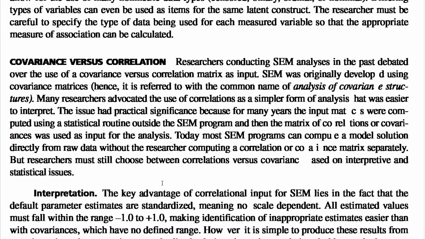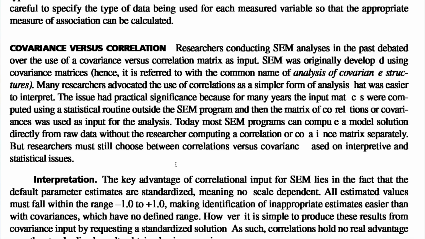Covariance versus correlation. Researchers conducting structural equation modeling analysis in the past debated over the use of covariance versus correlation matrix as input. Structural equation modeling was originally developed using covariance matrices, hence it is referred to with the common name of analysis of covariance structures. Many researchers advocated the use of correlation, as this simpler form of the analysis was easier to interpret.